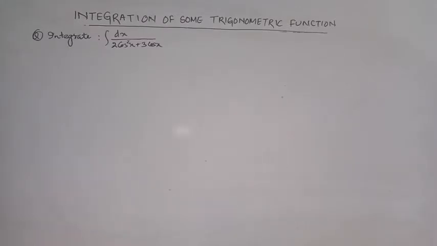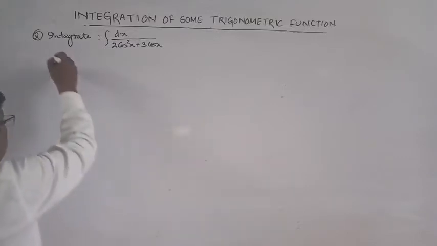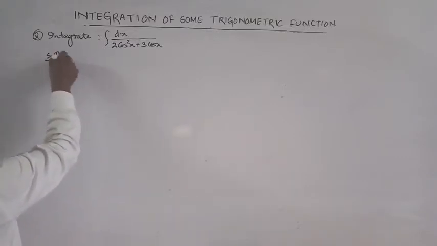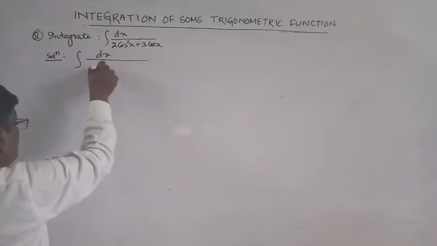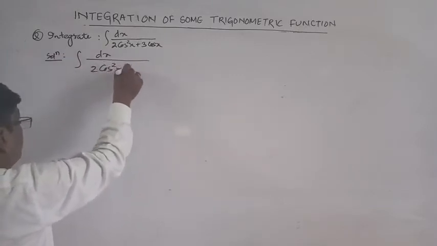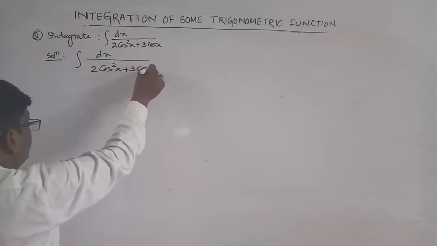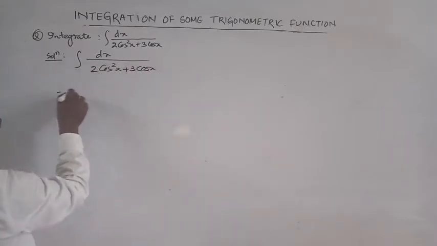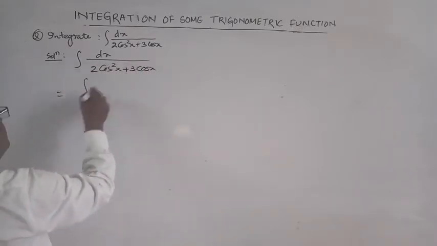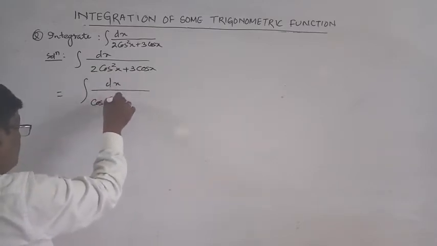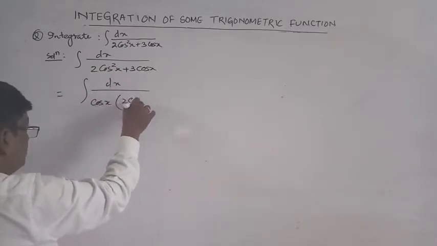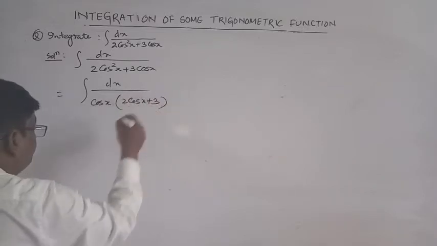Now another question: integrate dx by 2 cos square x plus 3 cos x. Solution: integration dx by 2 cos square x plus 3 cos x. Take cos x common, dx by cos x into 2 cos x plus 3.